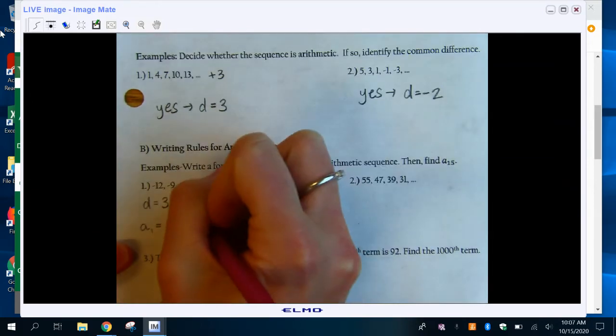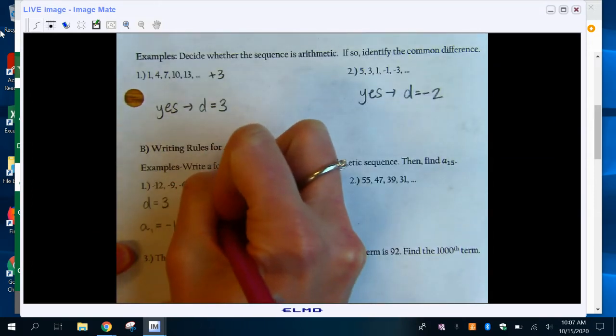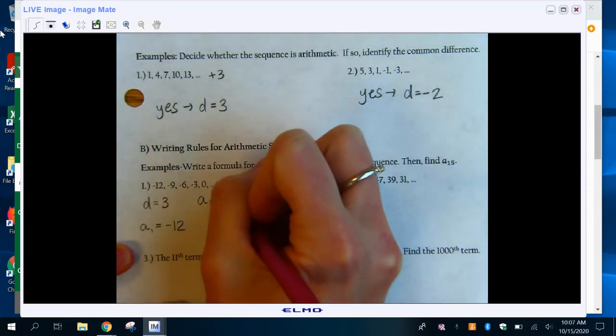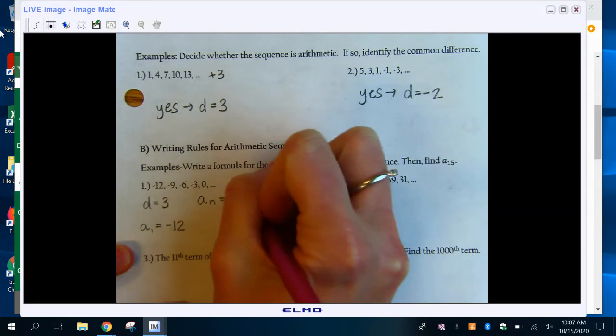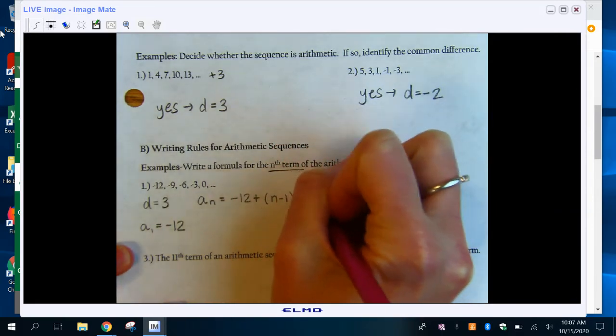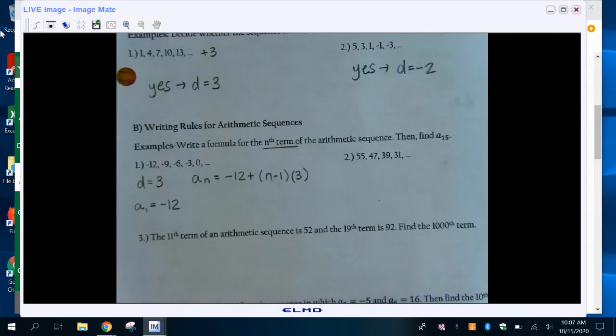So that means that my general formula for the nth term would be a sub n equals -12 plus n minus 1 times 3.